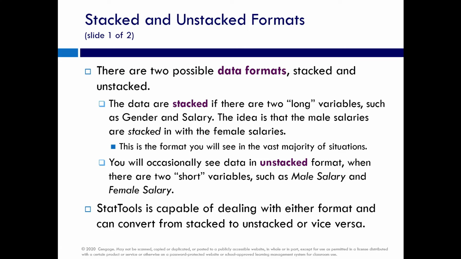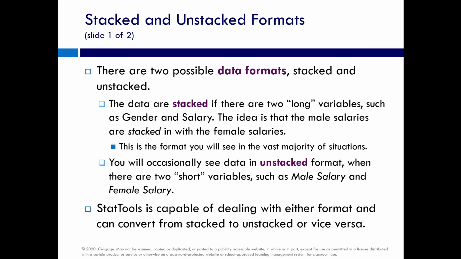Stacked and unstacked format. There are two possible data formats, stacked and unstacked. The data are stacked if there are two long variables such as gender and salary. The idea is that the male salaries are stacked on the female salaries. This is the format you'll see in a vast majority of situations. You will occasionally see unstacked format when there are two short variables such as male salaries and female salaries.